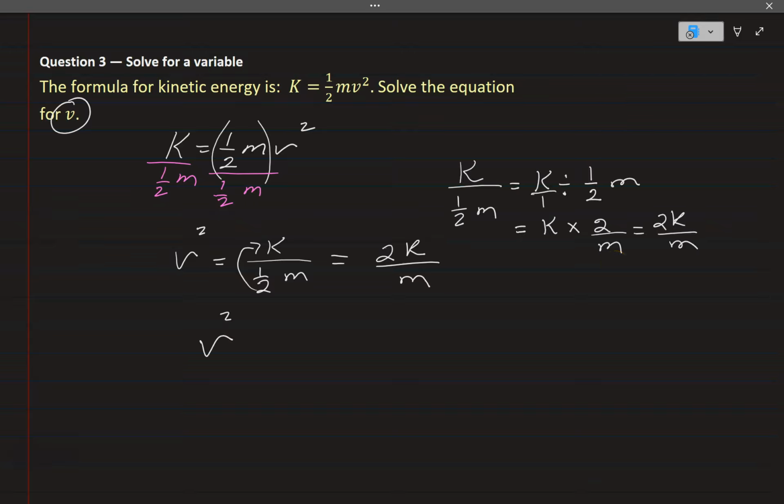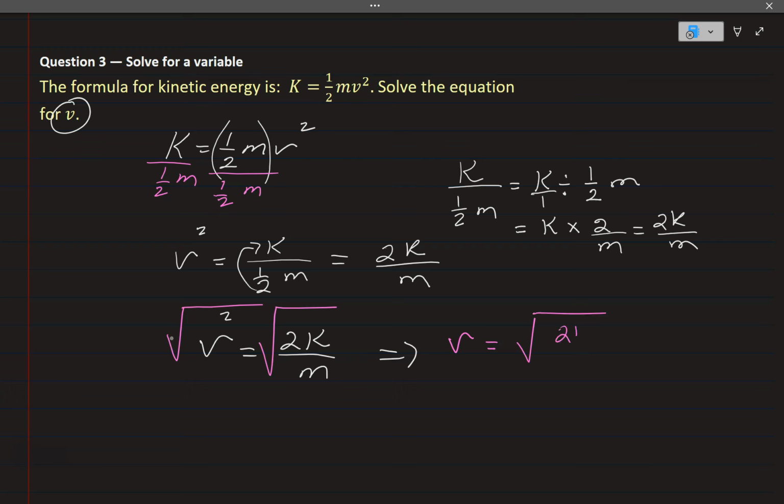So V squared is equal to 2k divided by m, but we need V, not V squared. So what do we need to do? We need to take the square root of both sides. And final answer, V equals the square root of 2k divided by m.